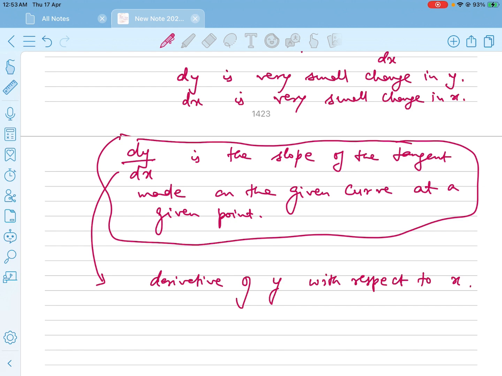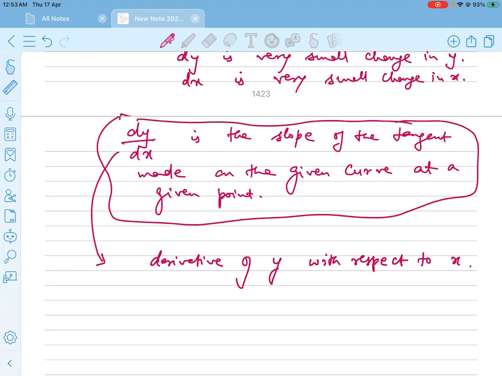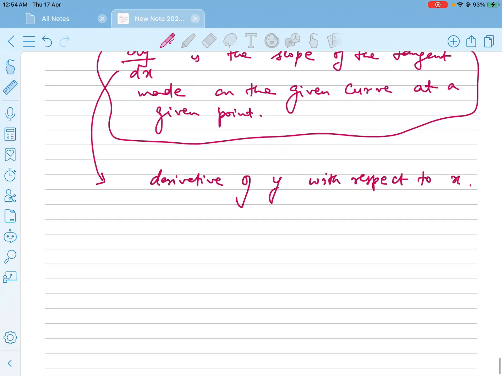Alright, now if this thing is clear, let us try to write down few formulas based on the derivatives. Now the derivative of x to the power 0.